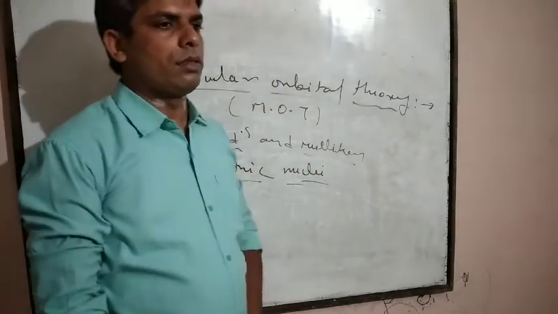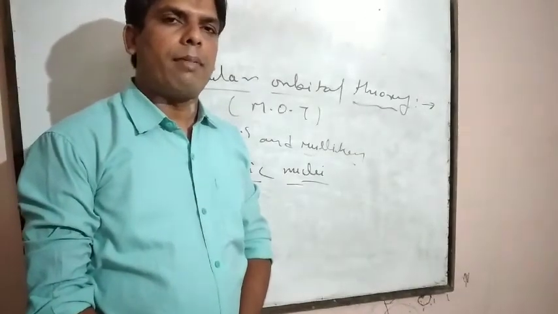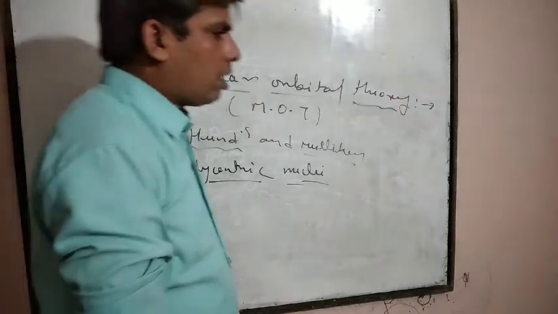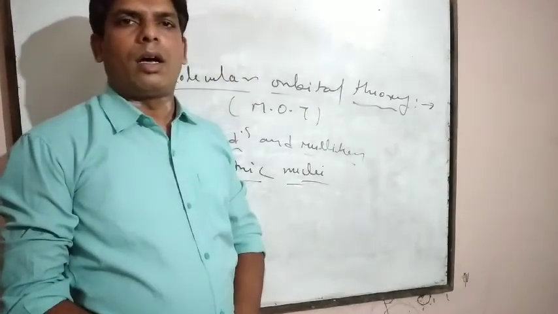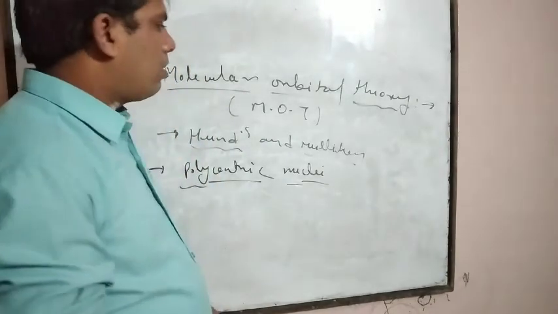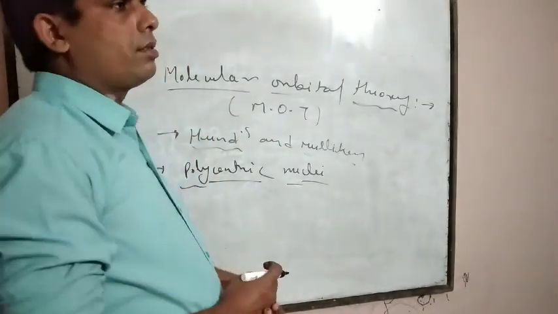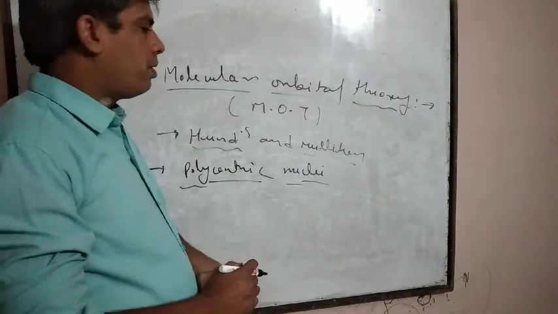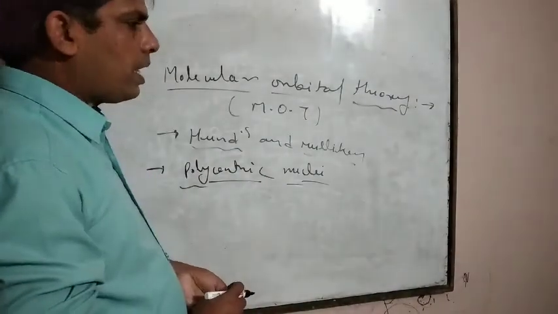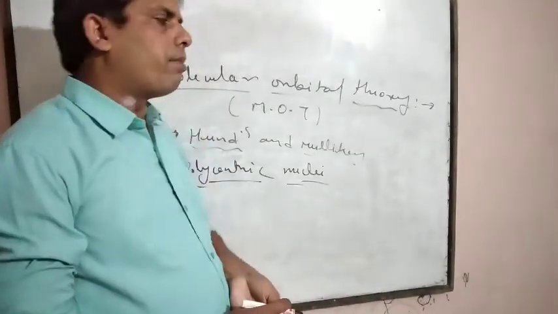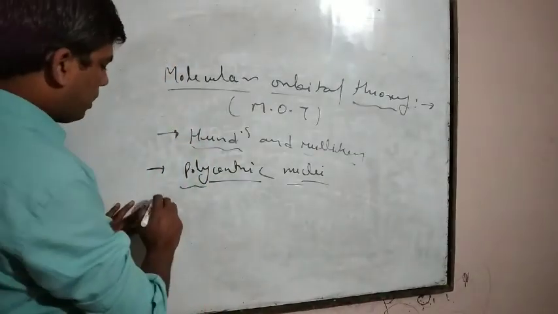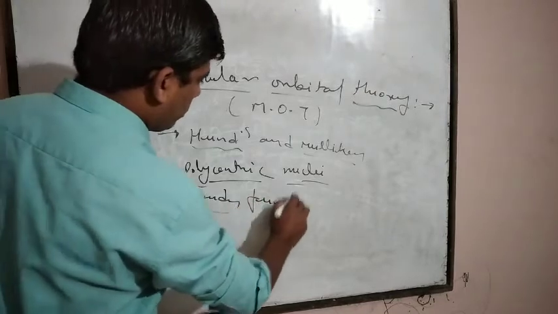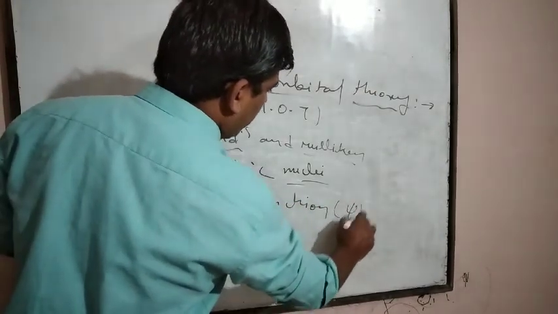We know that an electron behaves like a wave, and an orbital behaves like an amplitude function, or with the help of an amplitude function we can explain the nature of a wave. The amplitude function is represented with the help of psi.